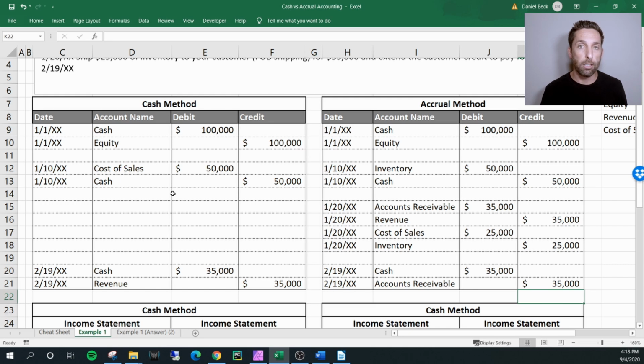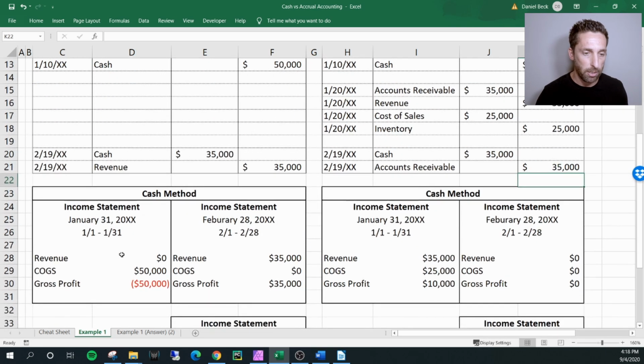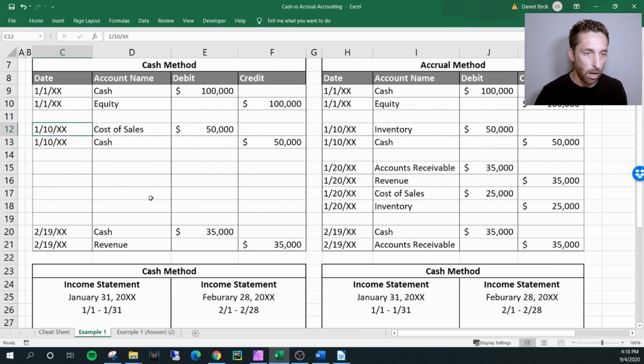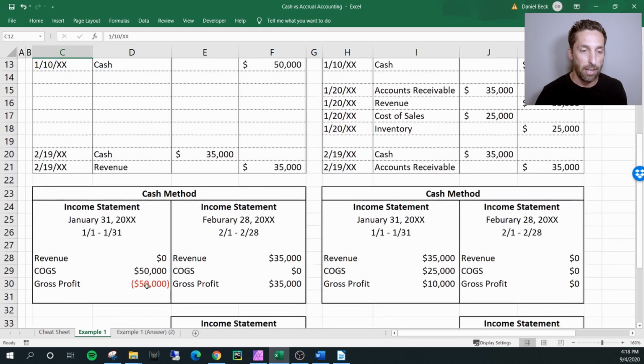But to truly understand how this affects financial statement presentation, I've taken it one step further. Under the cash basis method, we purchased that inventory on January 10th, and we recognized the full expense of that inventory of $50,000.